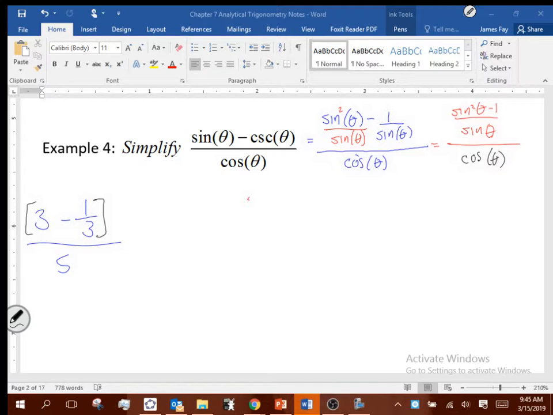Now, that 1 fraction that is red up there looks a little bit more complex than either of the fractions we started with. But the idea of this being simpler is based on the number of fractions we have, not necessarily what is making up the numerator and denominator of that fraction.